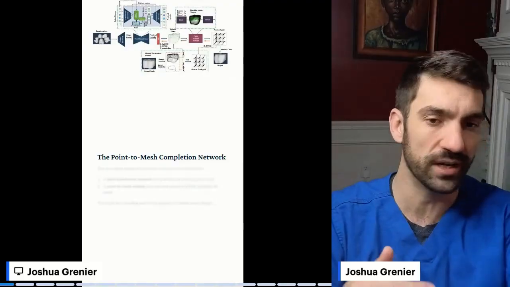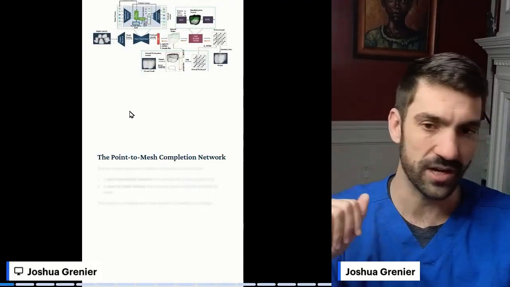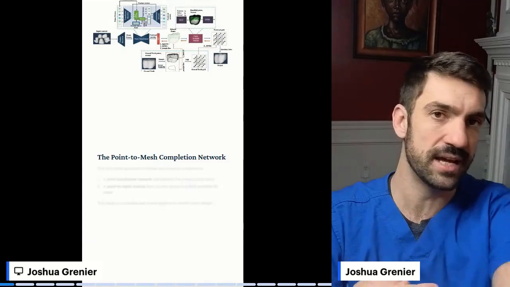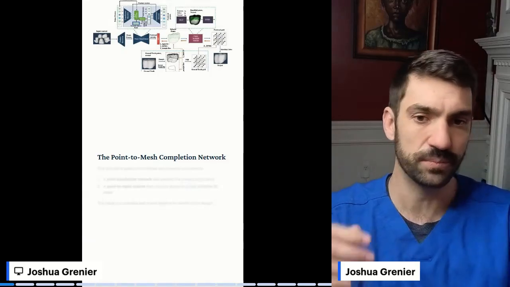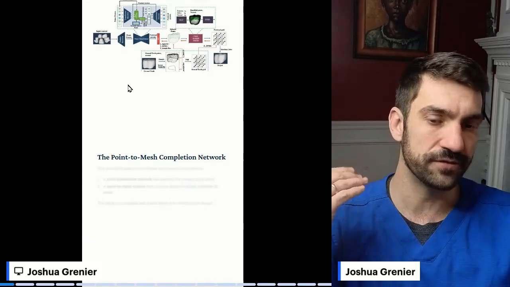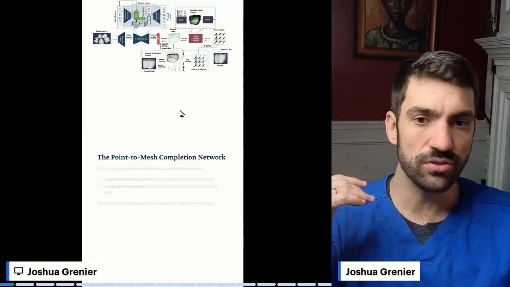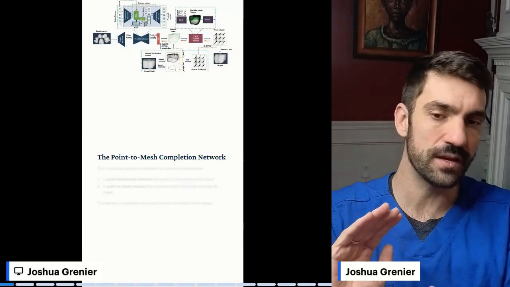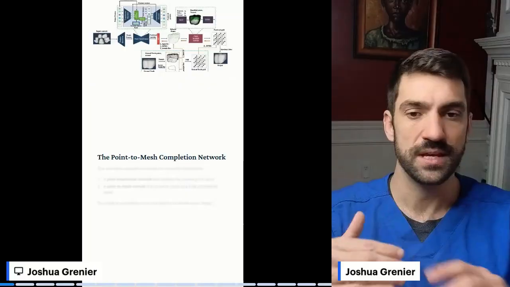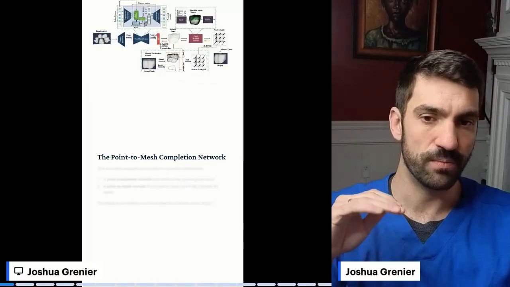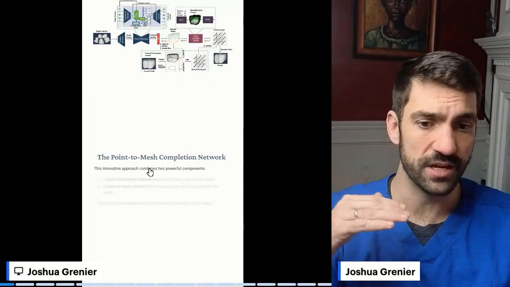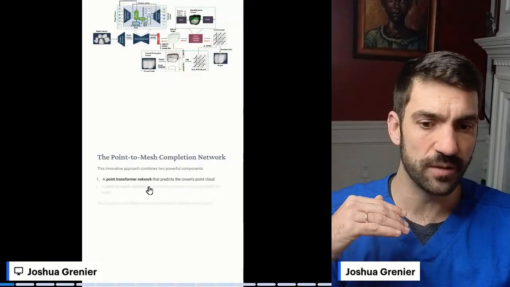Now, this is what the neural network that would design a crown would look like. And it's incredibly complicated. Even within that, there are levels of increased complexity. But the basic fundamental idea is that you are feeding your information, your mesh, which is then converted to a point cloud, into a transformer model. First, it goes through a convolutional neural network, a point-to-mesh completion network, which does a couple of things.